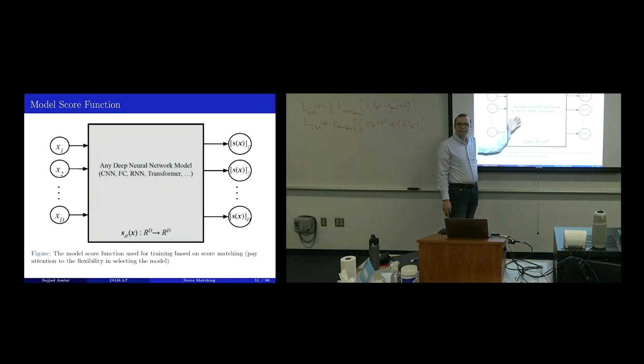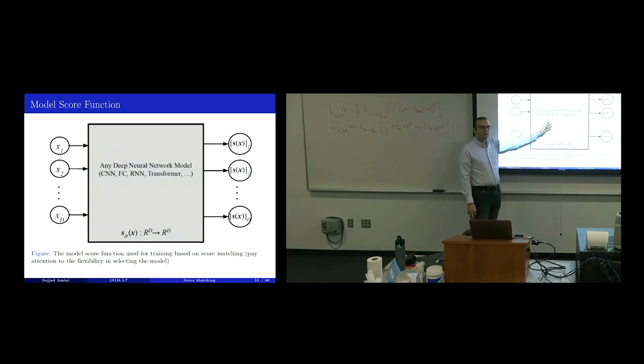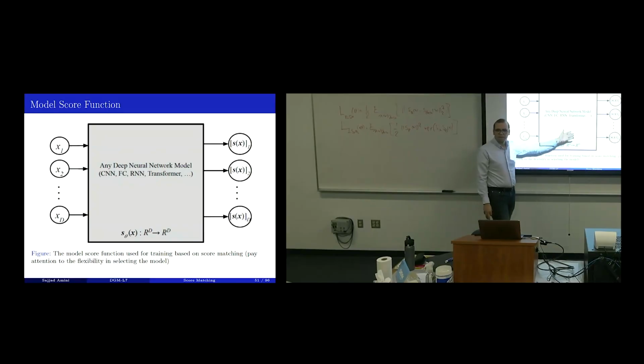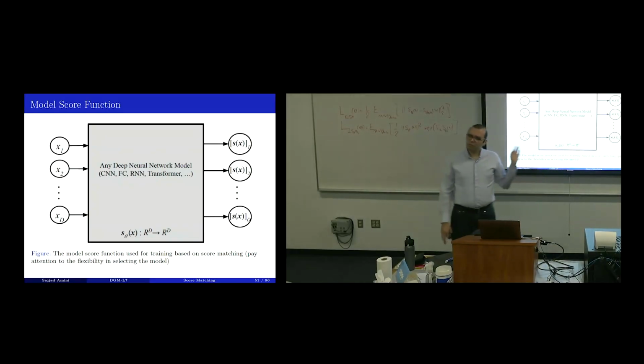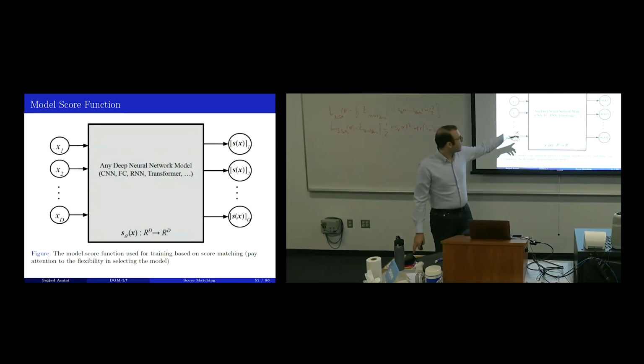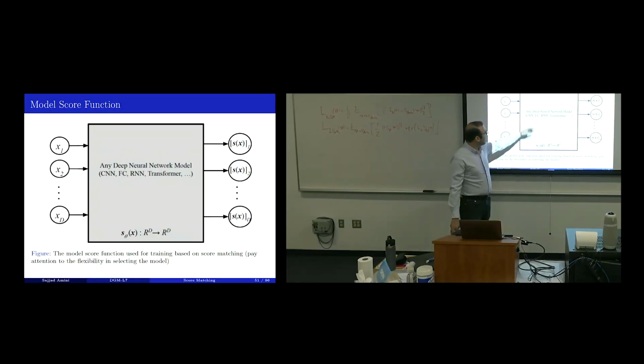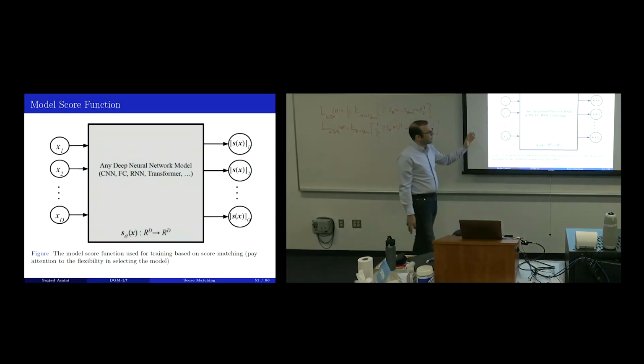You do not have any constraint on the output. For example, in the case of a VAE, in the output you should estimate the covariance matrix, and the covariance matrix should be positive definite. But here you do not have any limitation. Anything can be placed in these spots: CNNs, fully connected, RNN, transformer, anything. Just the dimension is important. Output and input are both d-dimensional.